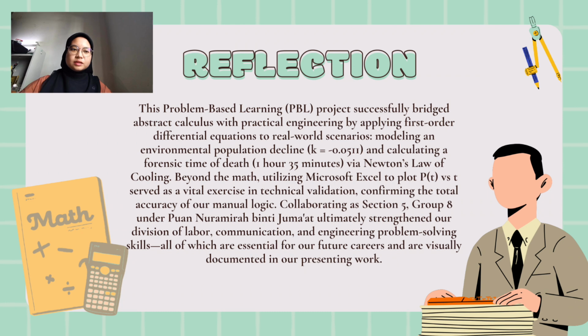This problem-based learning project successfully bridged abstract calculus with practical engineering by applying first-order differential equations to real-world scenarios, modeling an environmental population decline, which is k equals negative 0.0511, and calculating a forensic time of death of 1 hour and 35 minutes via Newton's law of cooling.